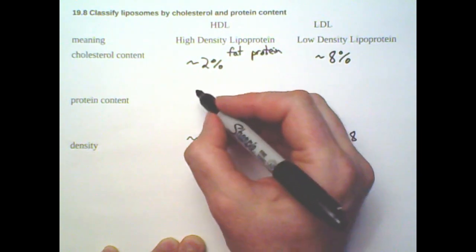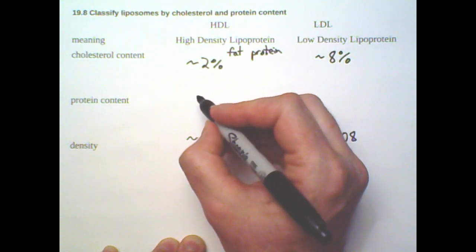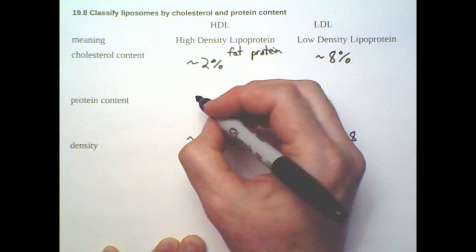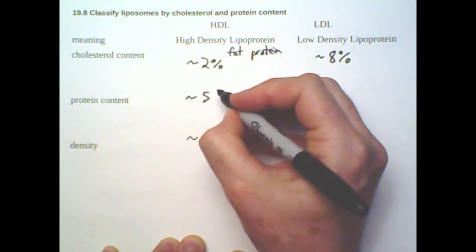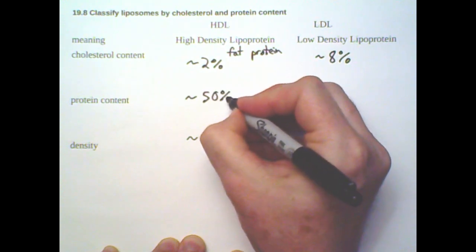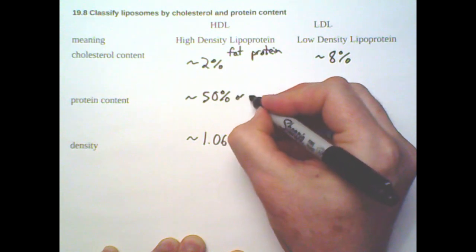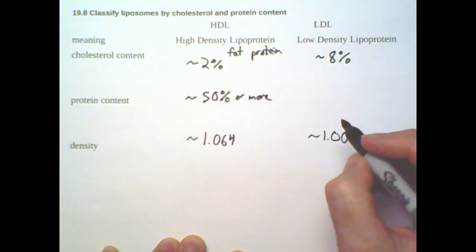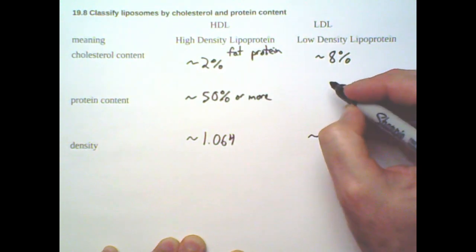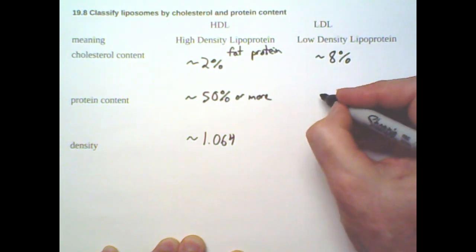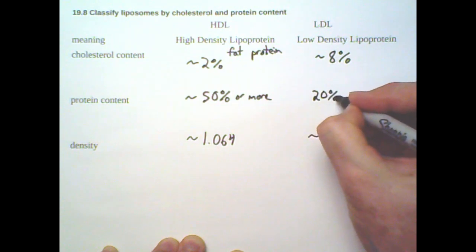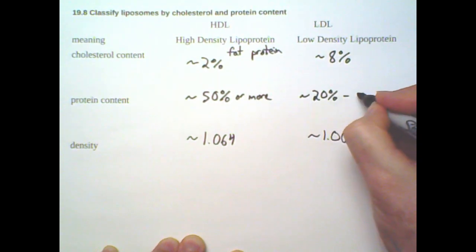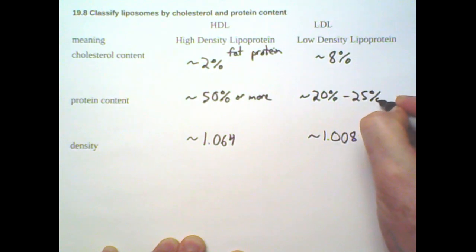The protein content is a large part of high-density lipoproteins, around 50% or even more. In low-density lipoproteins, the percent of protein is around 20 to 25%.